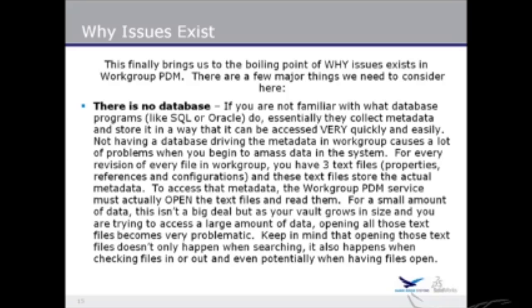This is where your server really starts to get bogged down. And this is just an inherent flaw in the way the Workgroup system was set up. And it's because when it was created, they didn't really foresee it being used the way people are using it today. They didn't foresee it being used to store hundreds of gigs of data with 10 or more engineers. That's just not what the creators of the tool foresaw, and that's why they didn't put a database in it.